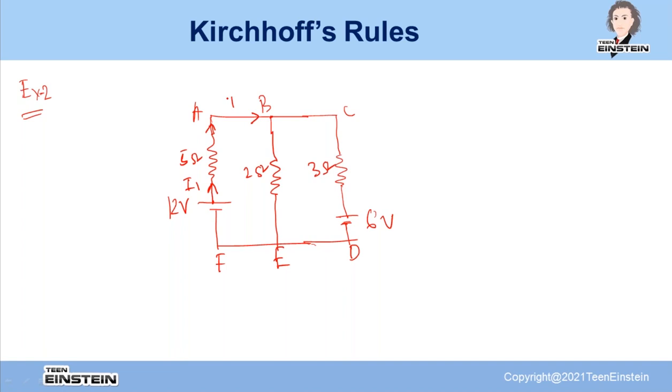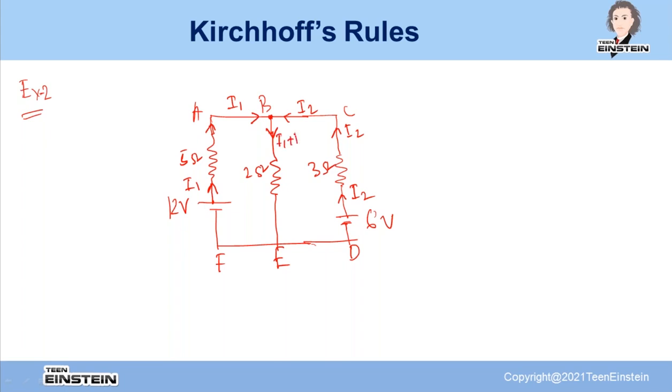Suppose I2 is flowing from here, all the way up to the B junction. Here you apply the junction rule at B. They are coming and meeting there, so they have to go out also. So the current flowing through this is I1 plus I2.